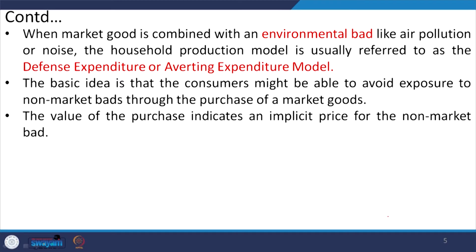The consumer's behavior in purchasing the Aquaguard is showing the implicit price for the non-market bad itself. So, it is not explicitly stating that the price of the Aquaguard is equivalent to the value of the water quality, rather it is implicitly stating the price of this non-market bad.